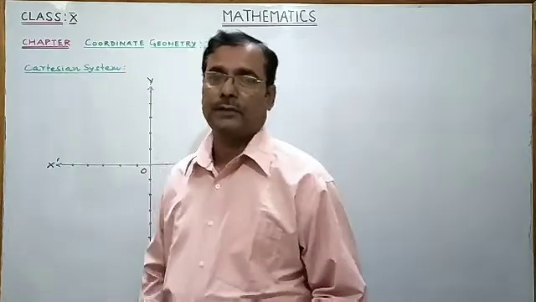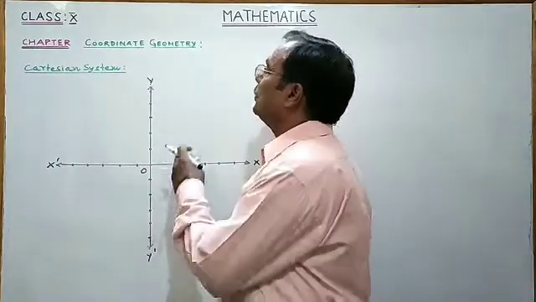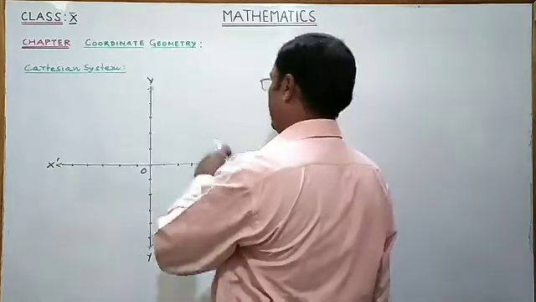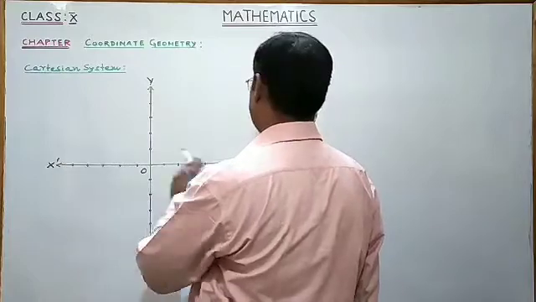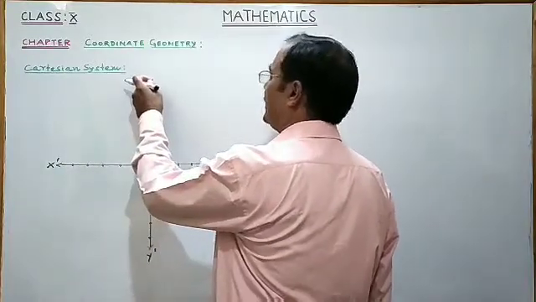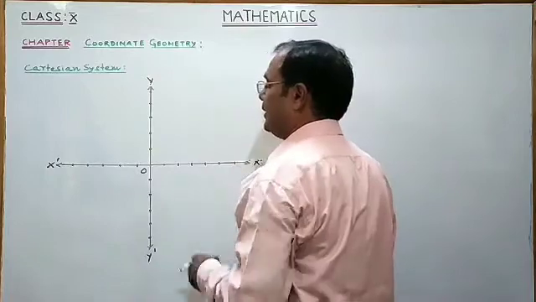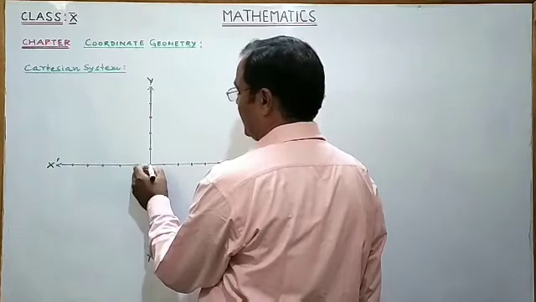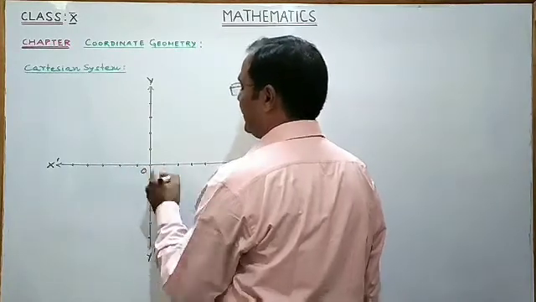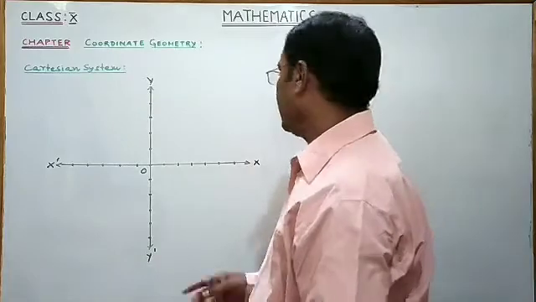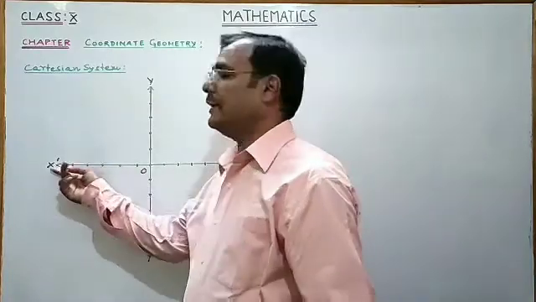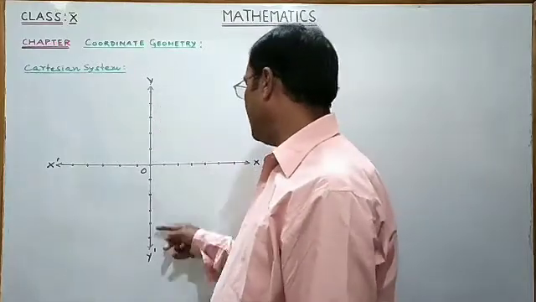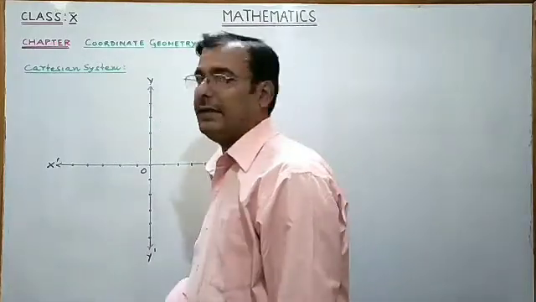In this system, in order to locate a point in a plane, we draw a horizontal line X'X and a vertical line Y'Y crossing each other at a point called the origin, denoted by capital O. This horizontal line is called the x-axis, and this vertical line is called the y-axis.